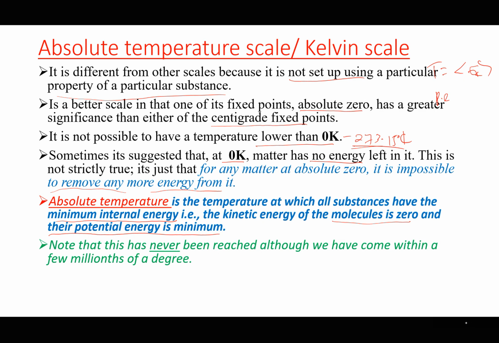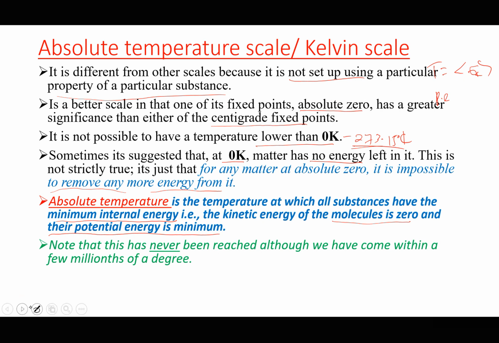So there are a few points that we need to note about the absolute scale of temperature. First, let's talk about the fixed points, so that we can go back to the constant volume gas thermometer and come up with the expression for temperature on the thermodynamic scale.